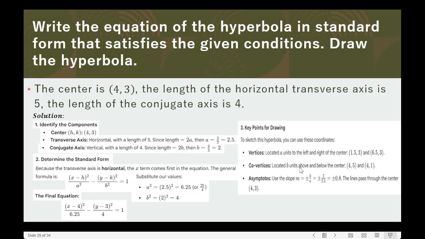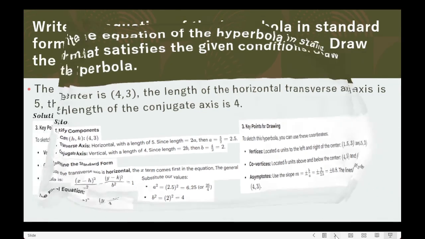The co-vertices, which are the endpoints of the conjugate axis, are 4, 5, and 4, 1. The asymptotes, following this formula, have a slope of positive or negative 0.8. So that is the ratio of the value of b to the value of a. So the line passes through the center at coordinates 4, 3.